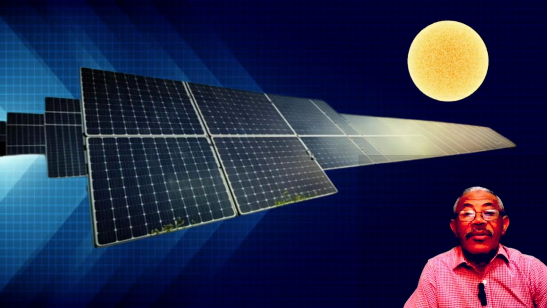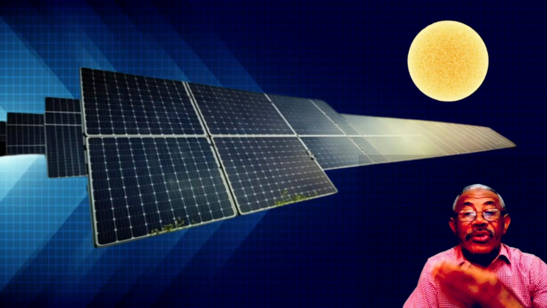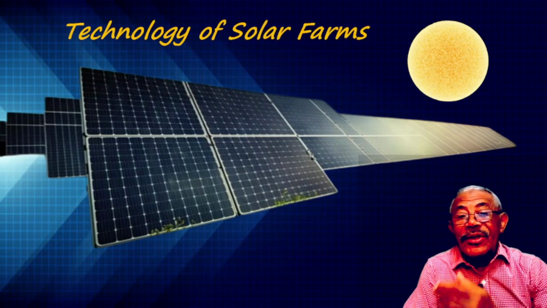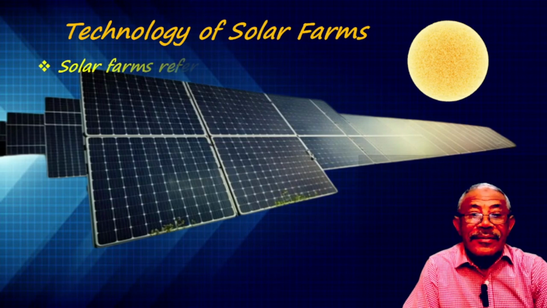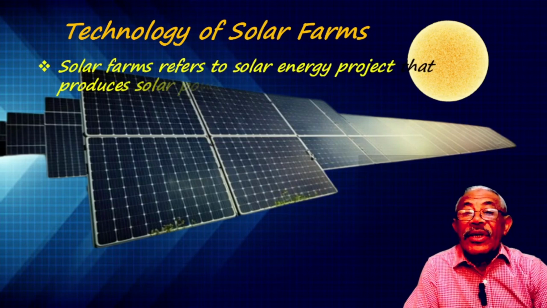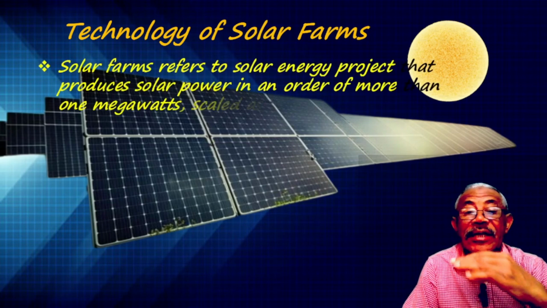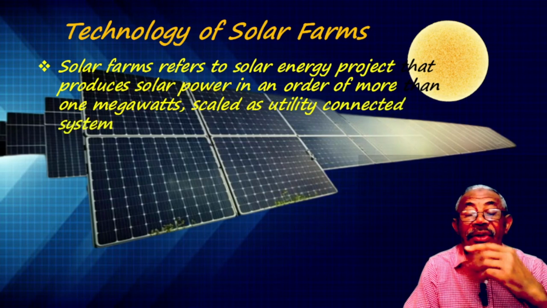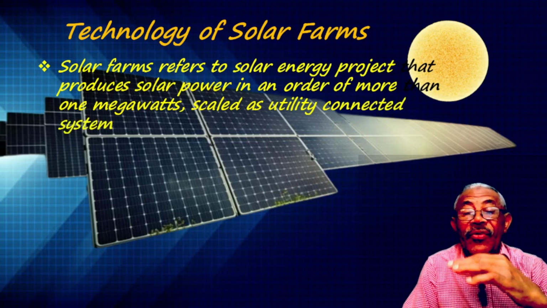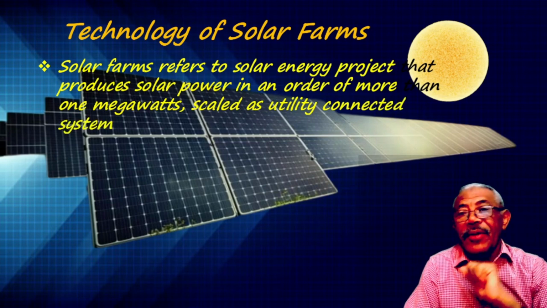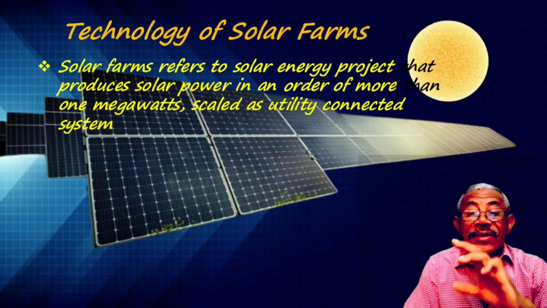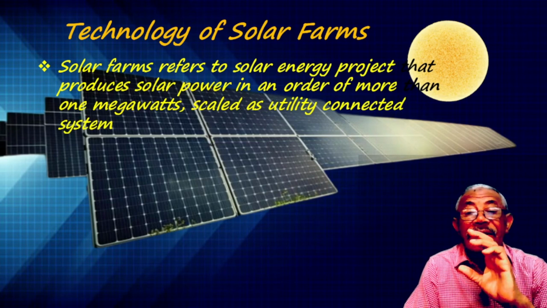In this video, I'm going to tell you what you would need to know about the technology of solar farms. Solar farms refers to a solar energy project that produces solar power in an order of more than 1 megawatt, scaled as utility connected system.